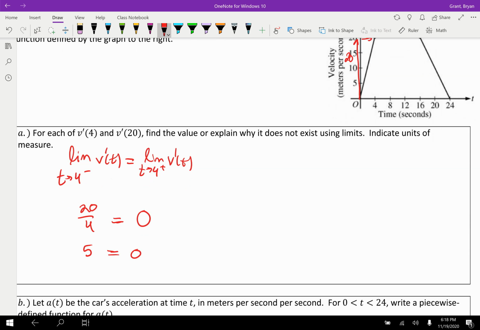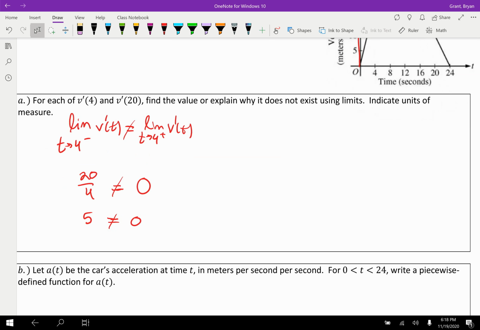We don't want to say any false statements, though, so we do want to go back and say 5 is not equal to 0, and those are not equal either, right? So we do want to put those slashes through to show that they are not equal. And then, because those are not equal, we would say something like, therefore, v prime of 4 does not exist. Easy.